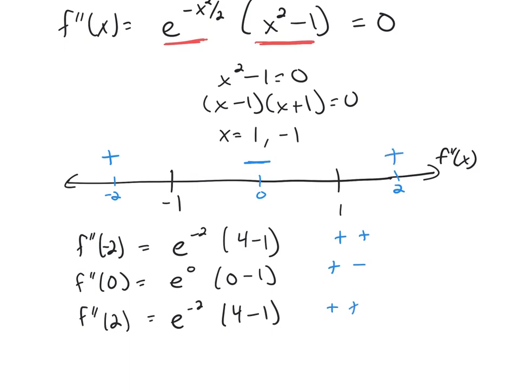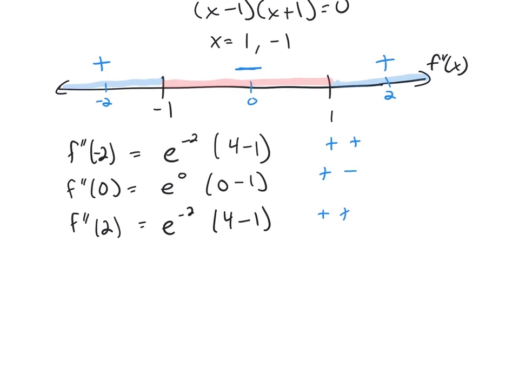So anywhere there was a positive, my graph is concave up. Anywhere there's a negative, my graph is concave down. Okay, so concave up, what are the intervals?